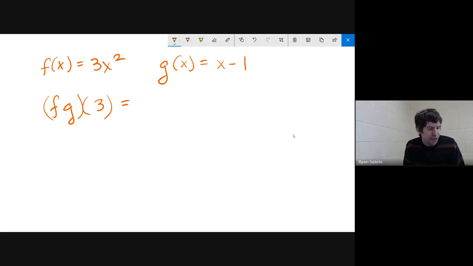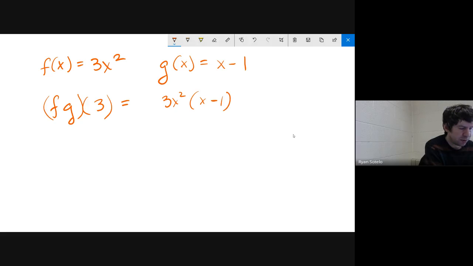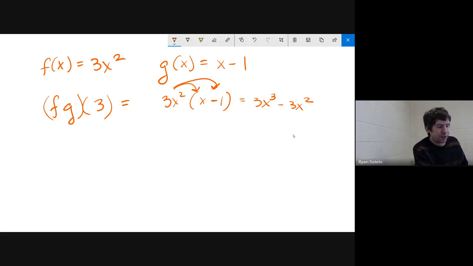In that case, you can either just multiply the expressions, like so. I'll do 3x squared times x minus 1. And then I have to distribute this in. And I'd get 3x cubed minus 3x squared. And then I could plug in 3.